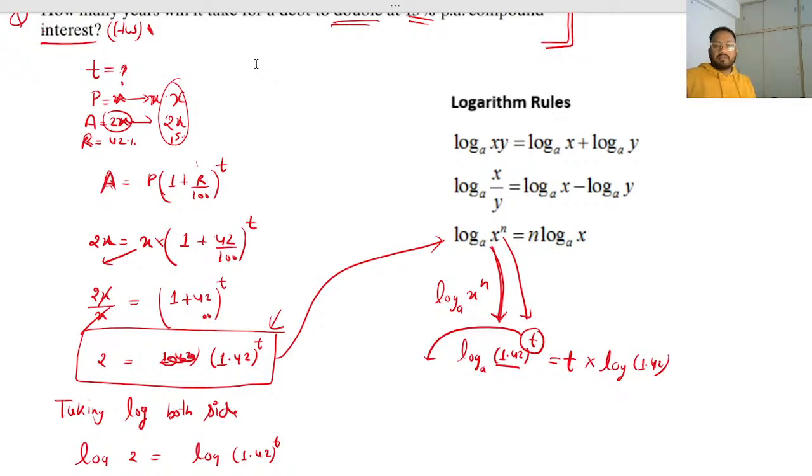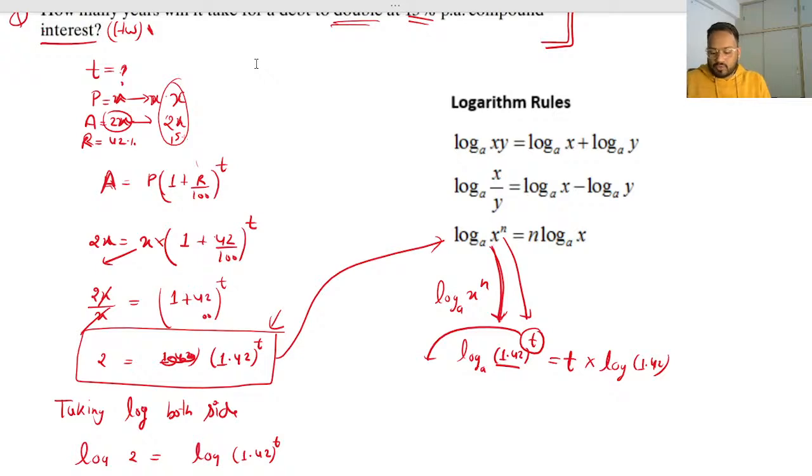Tomorrow I'm thinking to take the class on factorization, because many of you have problems in factorization, middle term splitting, and there are many more questions based on factorization. So tomorrow we'll solve some difficult questions based on factorization, right?